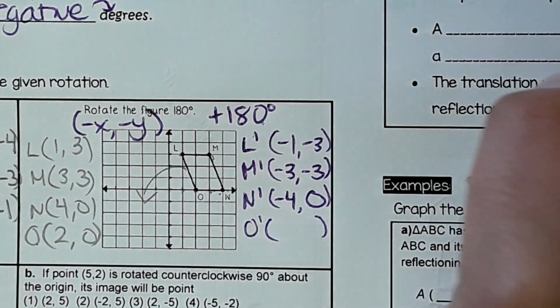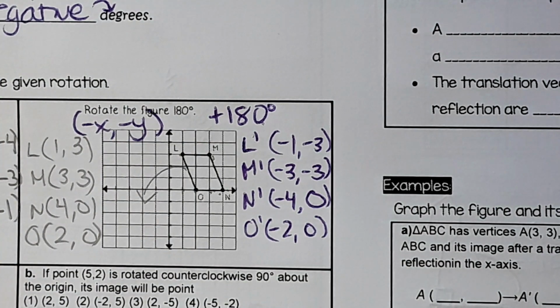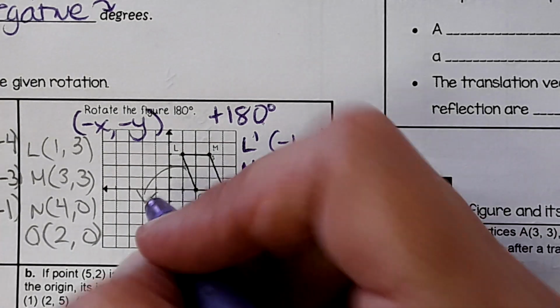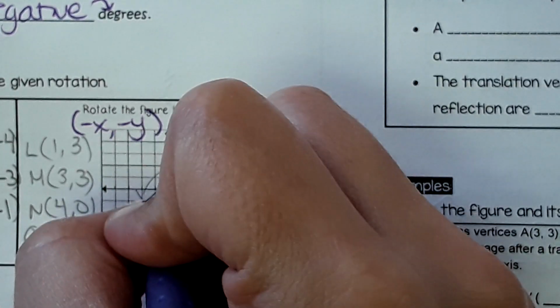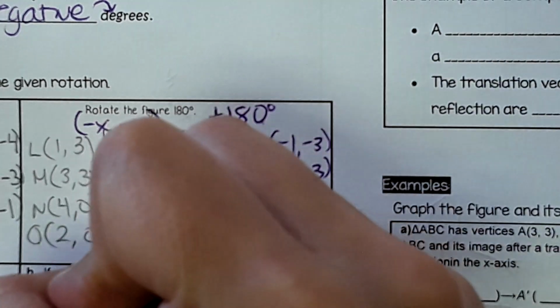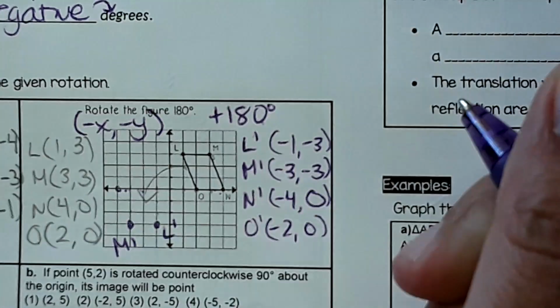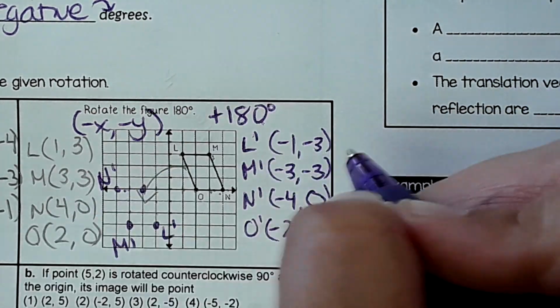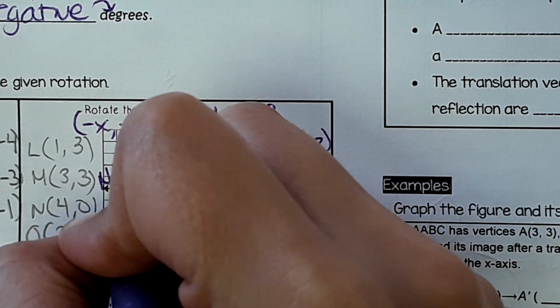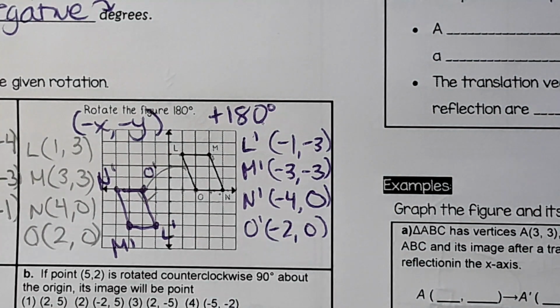Zero doesn't turn negative, it just stays 0. Then once I've transformed my points, I can plot them. Okay.